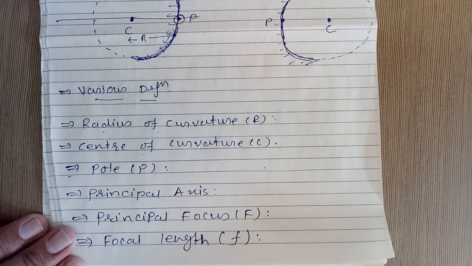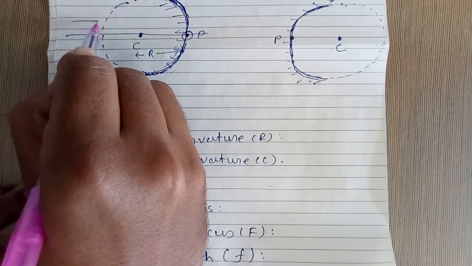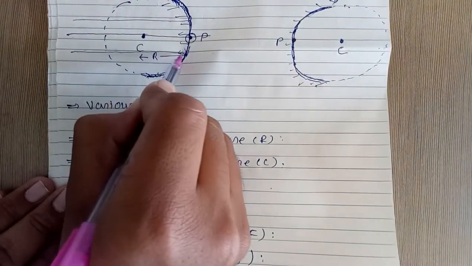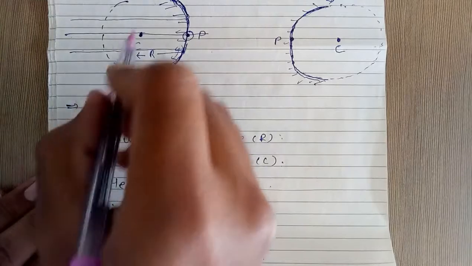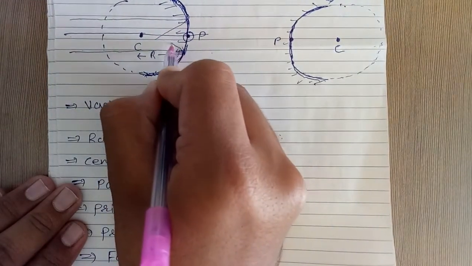Now principal focus. What is principal focus? The point where the rays parallel to the principal axis meet after reflection is known as the principal focus. Here these are the rays which are parallel to the principal axis. These rays reflect from the reflecting surface and meet at some point.